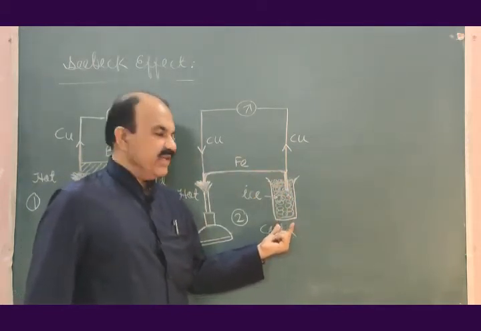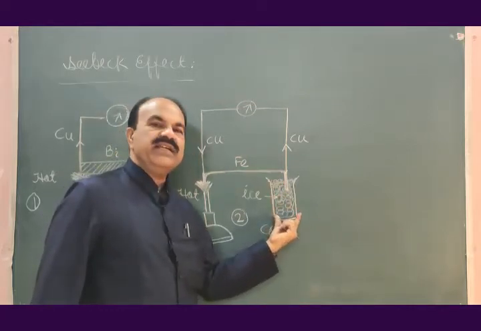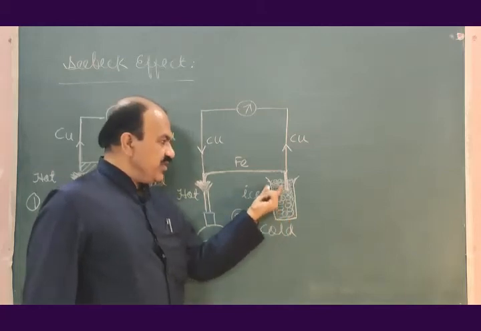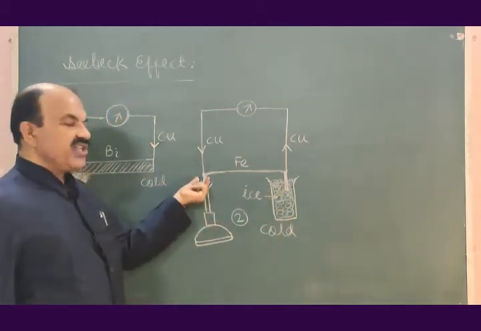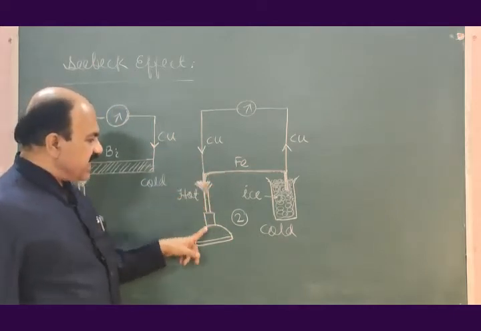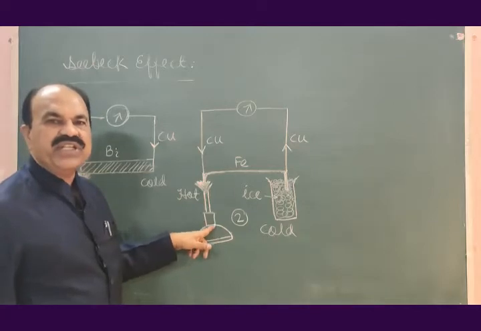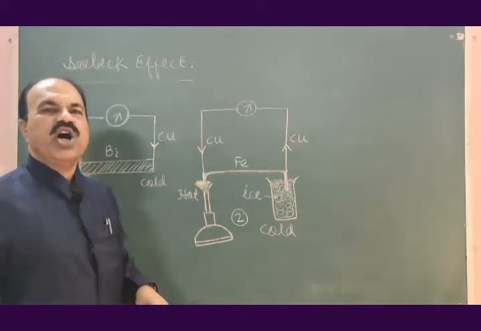Seebeck immersed this junction in ice inside a beaker, so this junction will be the cold junction. This junction of copper and iron is continuously heated using a burner, so this junction will be the hot junction.